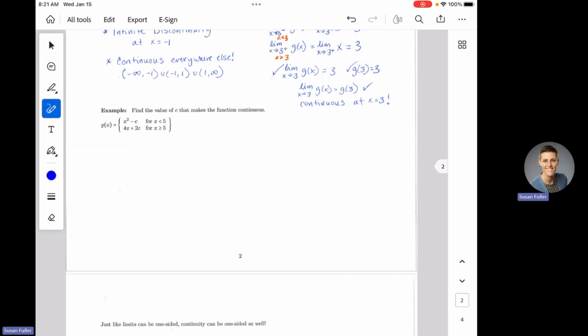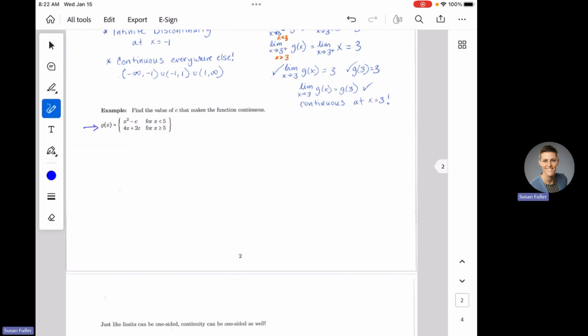So we want to find the value of c that makes this function g of x continuous. Okay, so we want this function to be continuous everywhere, right? But we have to make sure that it is. So where could this thing be discontinuous? Are there any places on this function where something could not be continuous?